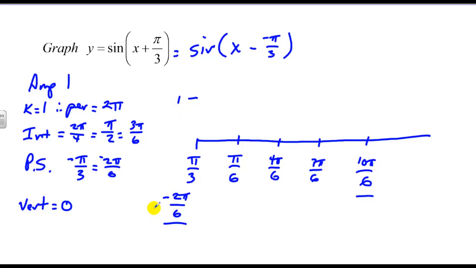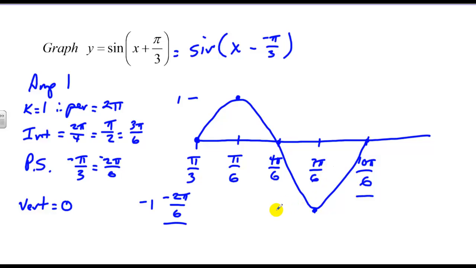So I move from 1 to negative 1 and start my graph with sine, which normally starts at 0, goes to 1, back down to 0, to negative 1, and back to 0. Draw my graph, and I should be all good.